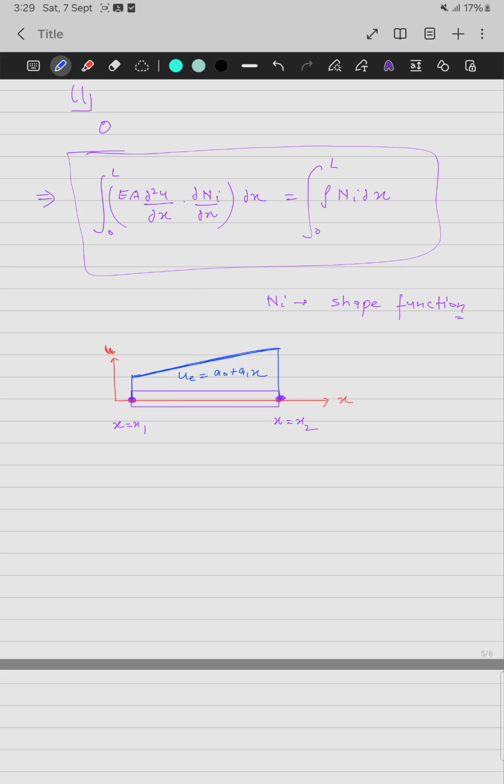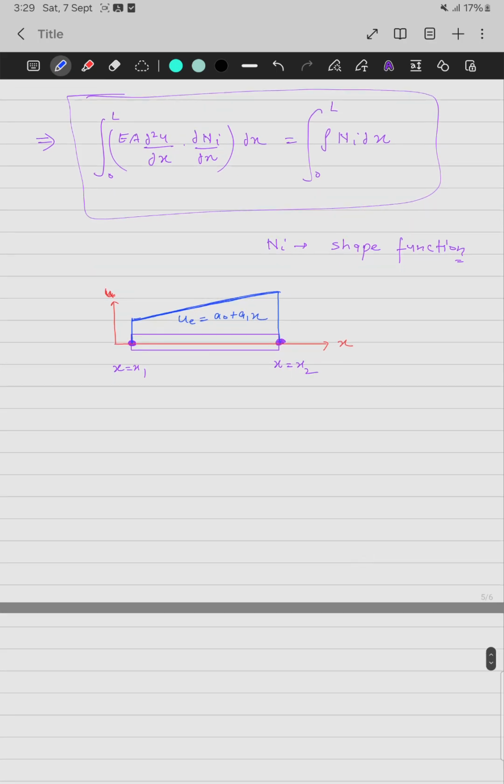Now we will try to denote this displacement in terms of nodal displacement.